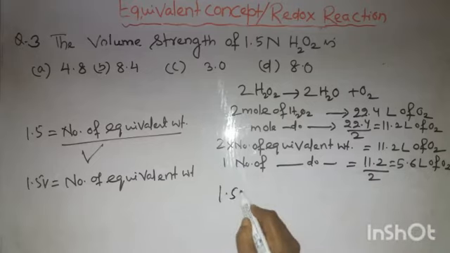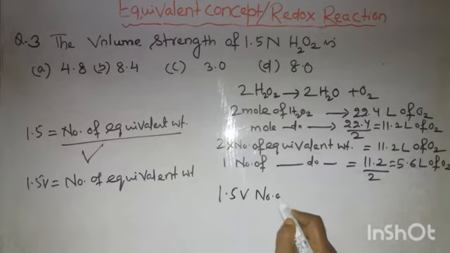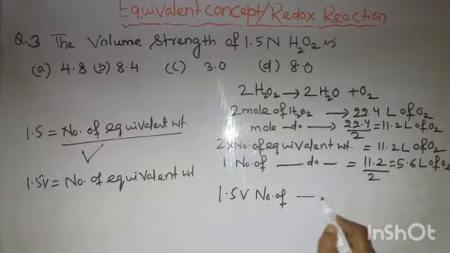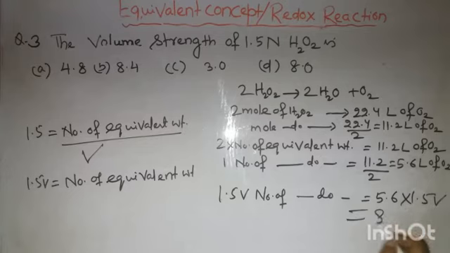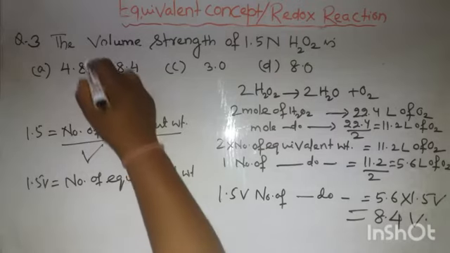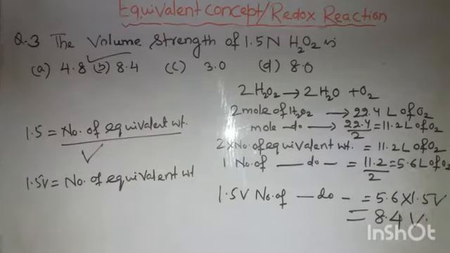So 1.5 V equivalents will equal how much? 5.6 into 1.5 V. After calculation it will be 8.4 V. The answer is this. Next, question number 4.